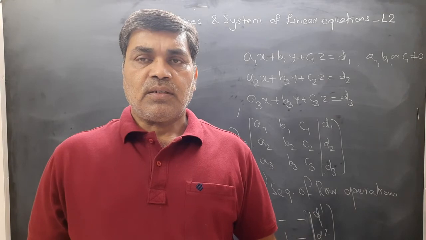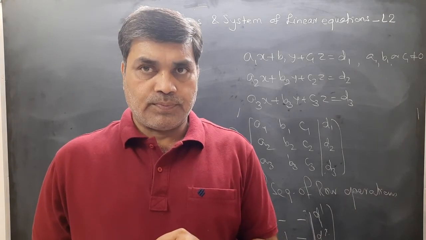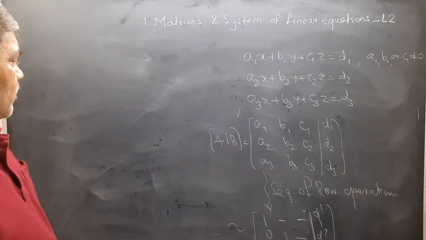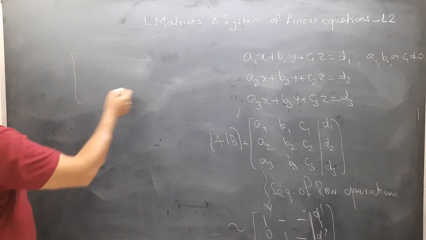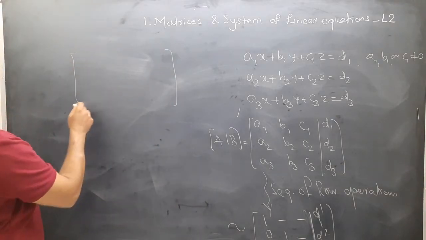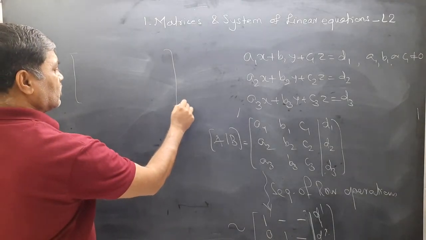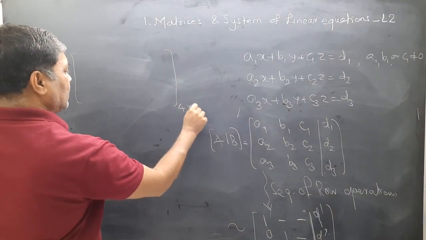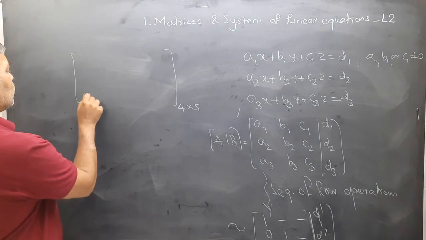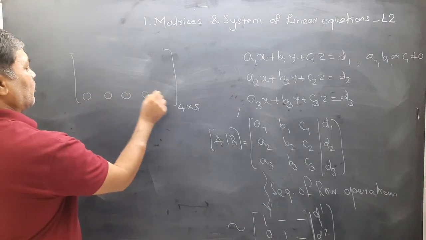So what is the row echelon form? If I take a matrix, say a 4 by 5 matrix, and it has a zero row, then it must be at the bottom.